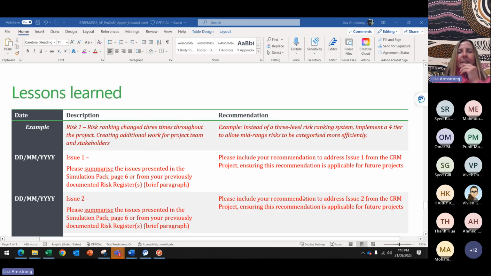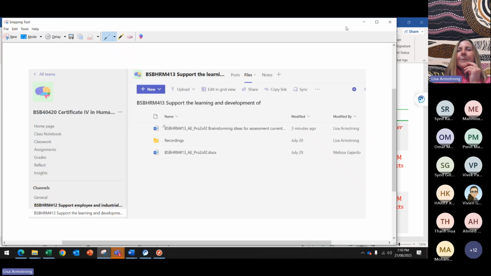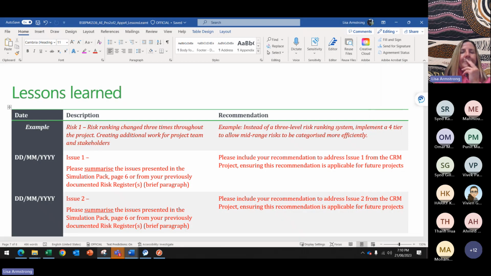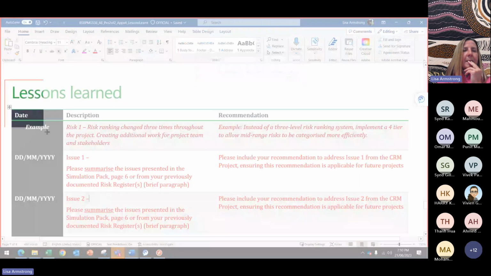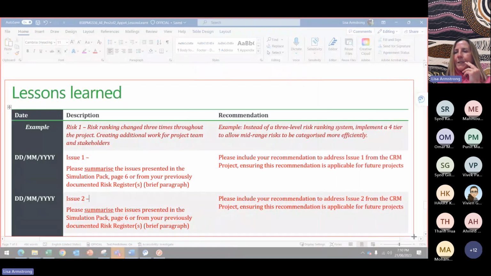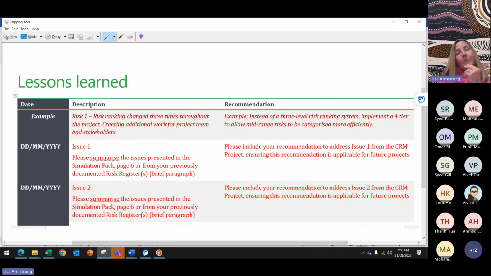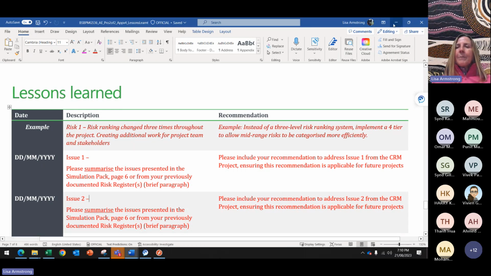Because I'm going to put this all into the assessment document, I am going to take a screenshot of this lessons learned document. You can upload this separately if you wish. It's totally up to you, whatever you prefer.